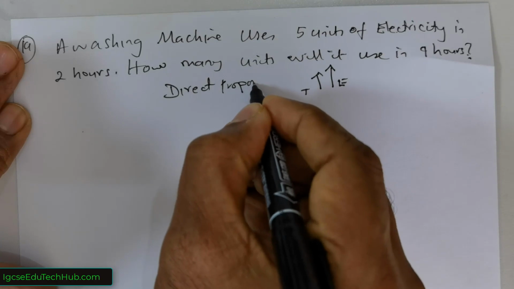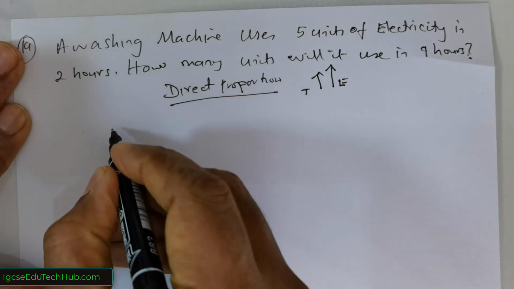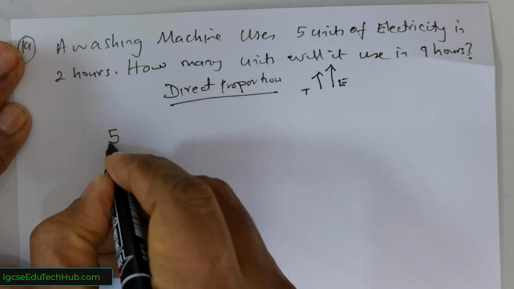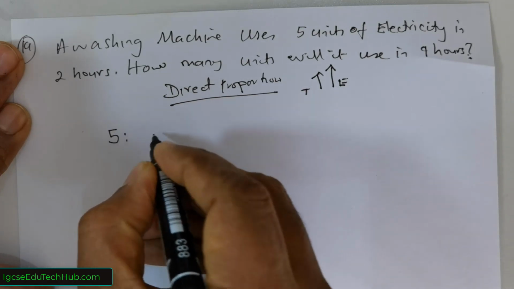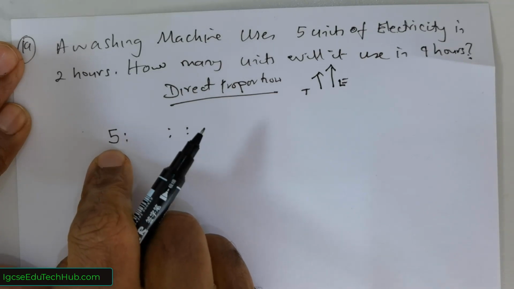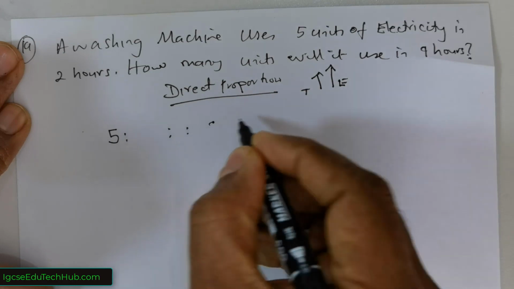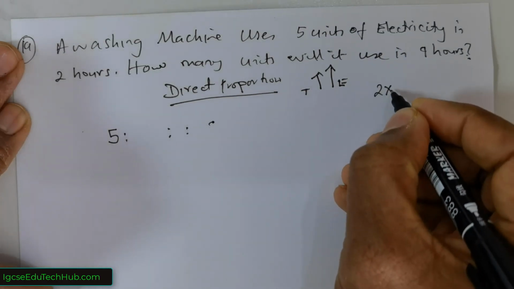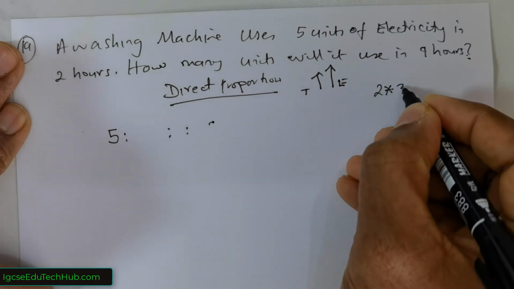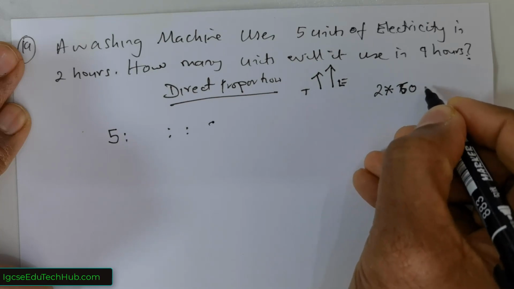Now since it is a direct proportion, I can formulate the corresponding system. So I'm going to place units here, and we are being given that 5 units of electricity is used in 2 hours. Now you can convert this 2 hours into minutes. So that's going to be 2 multiplied with 60.